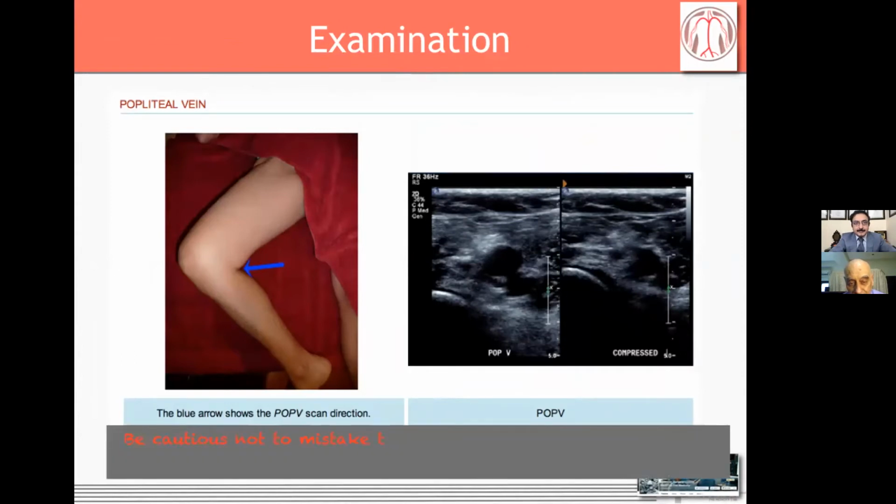There are a few important points, but be cautious not to mistake the often prominent muscular structures. In some patients, the gastrocnemius muscles are so prominent that we can mistake them for the popliteal vein. So it's just a piece of information.